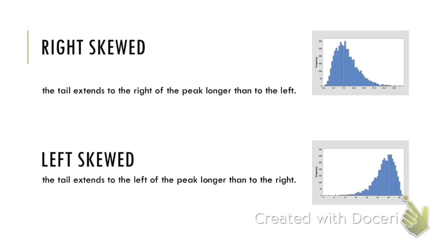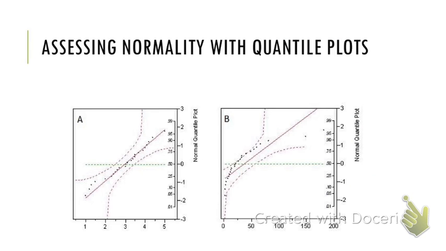The next graph is called a quantile plot, which you'll never have to make. You just have to know how to read them. If you look at graph A, this would be considered normal because the dots form a linear pattern.